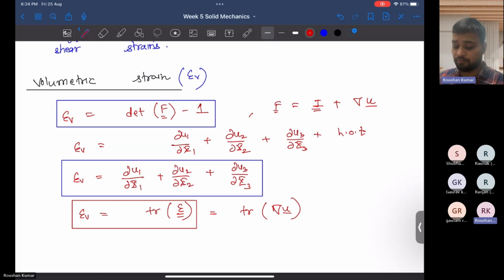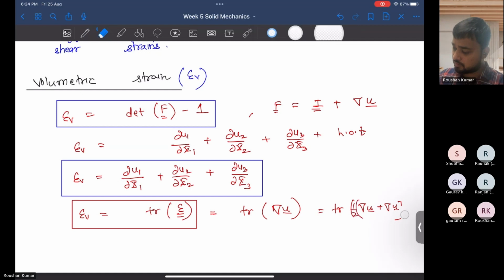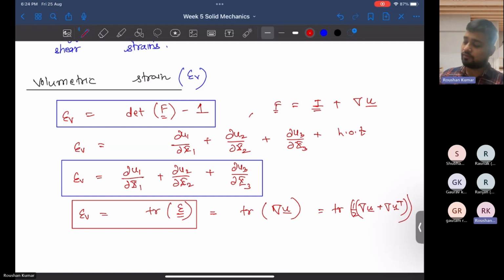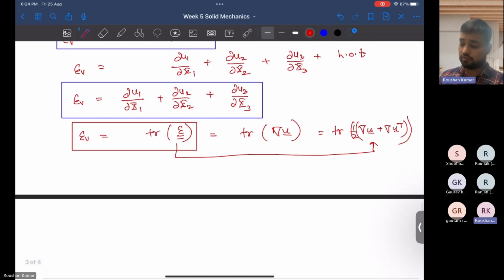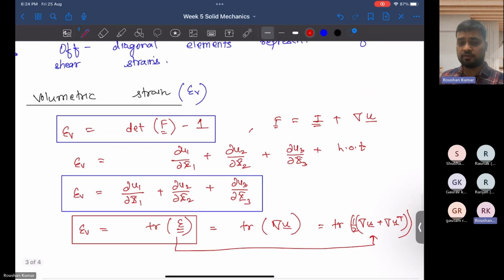So it is also given by the trace of grad U. It can also be the trace of half of grad U plus grad U transpose, where epsilon is given by half of grad U plus grad U transpose. So these three are the formulas for the volumetric strain.